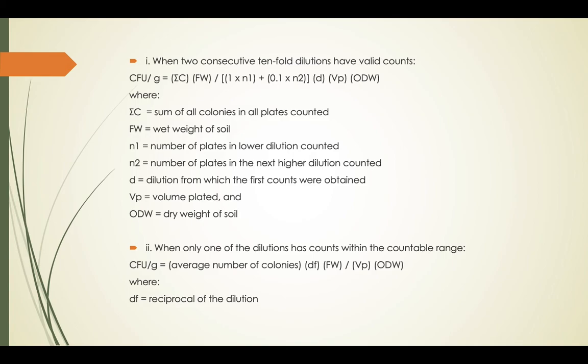So it will depend on your purpose. You don't have to be specific on what is a countable range, because it will depend on the protocol, the sample, and what you are trying to isolate and count later on. But normally, as a rule of thumb, 25 to 250 is mostly used. Then the second most used countable range is 30 to 300.